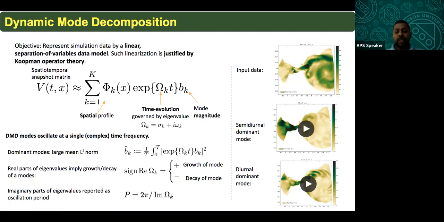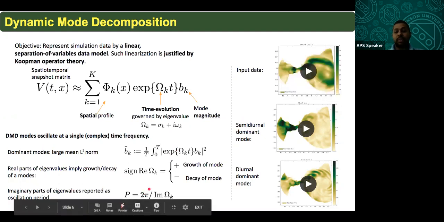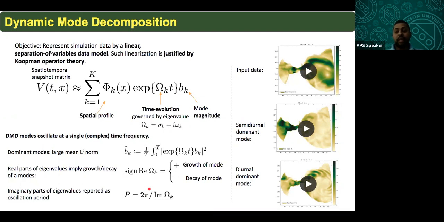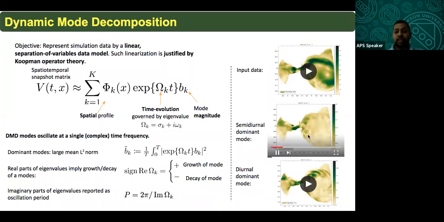We can calculate the period using this formula, and then compare that period with the tidal period. Then we can find the dominant semi-diurnal mode. In that mode, we can see such tidal patterns, or the diurnal mode, and so on.